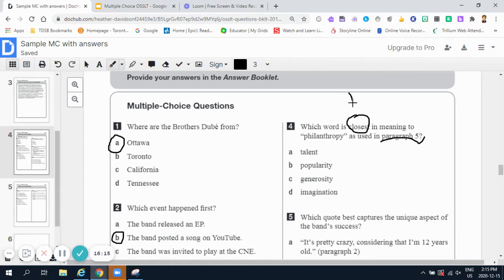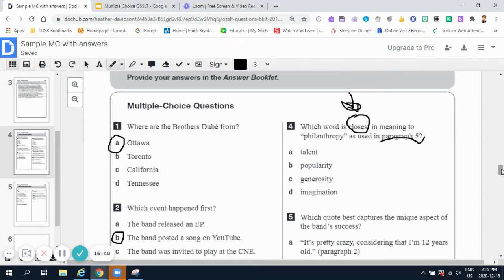The other thing to pay attention to, and this is why we always read the question closely, is "closest in meaning." That might mean that there is more than one right answer. So we need to make sure that we choose the best answer. So talent, popularity, generosity, or imagination.